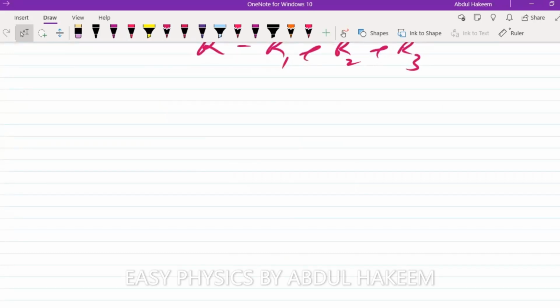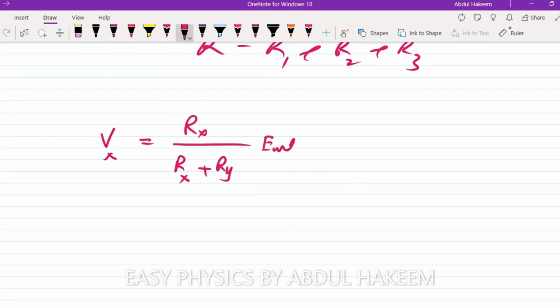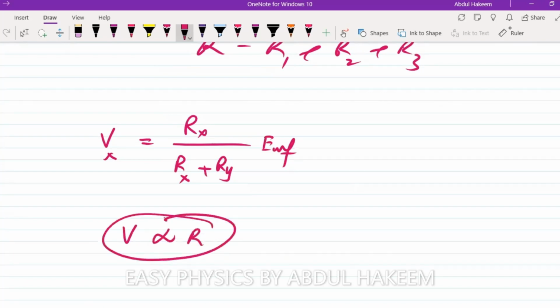Next is the potential divider. Look, when two resistors are connected in series, they divide potential, and the potential difference formula is Vx equal to Rx over Rx plus Ry times EMF, which shows that the voltage is directly proportional to resistance.